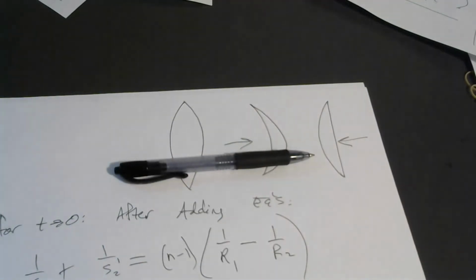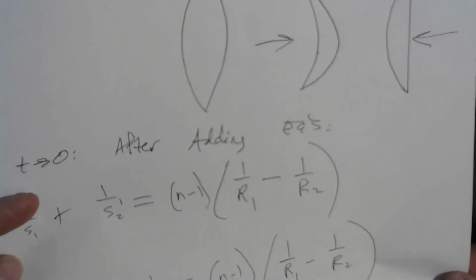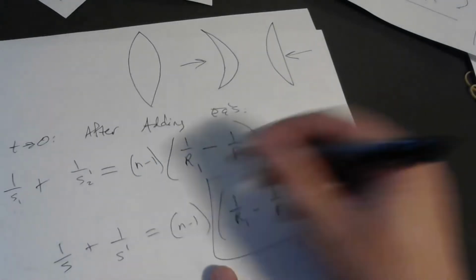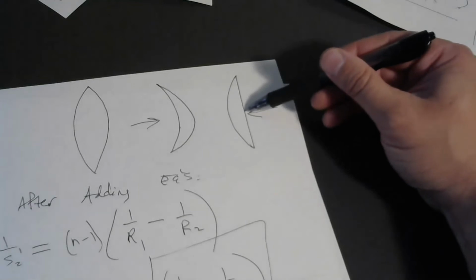Maybe you're thinking, wait a minute, there can only be one number for the focal length. And you're right, but trust me, it all just works out. If you use the equation appropriately, things will work out. All right. And you know what? I think I see right now how that would change. If I focus on this, if the light was coming from this direction, wouldn't this be R1?